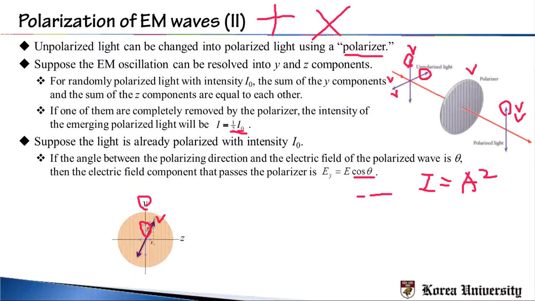This electric field component is the amplitude, and if you take the square, then you get cosine squared. So after passing a polarizer which is at an angle theta with respect to the plane polarized light, the intensity will be reduced by a factor of cosine squared theta. Okay.